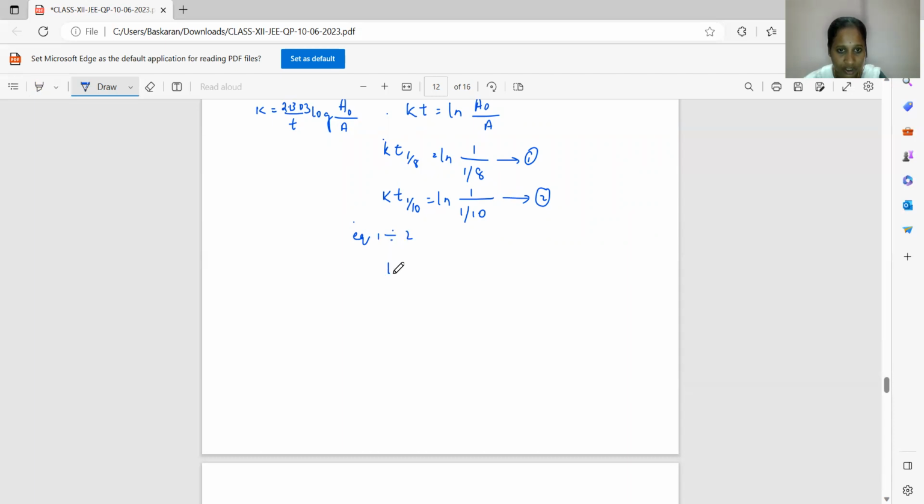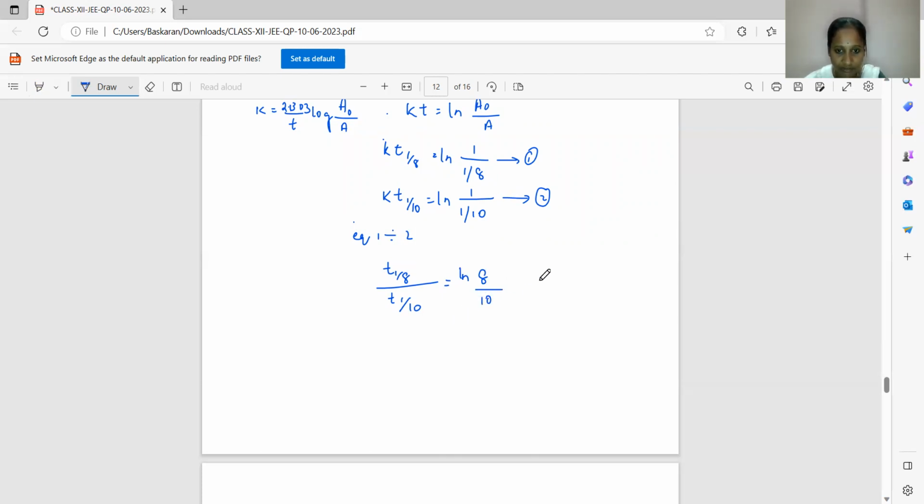So K and K get cancelled. So T1/8 divided by T1/10, which is equal to, you will get how much? ln 8 divided by ln 10. Okay.